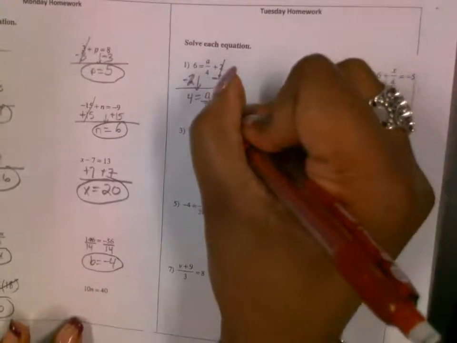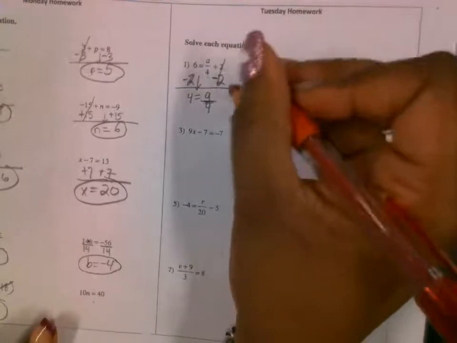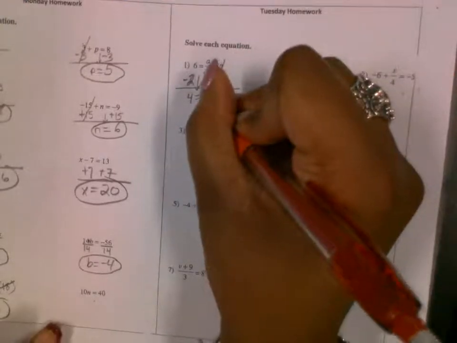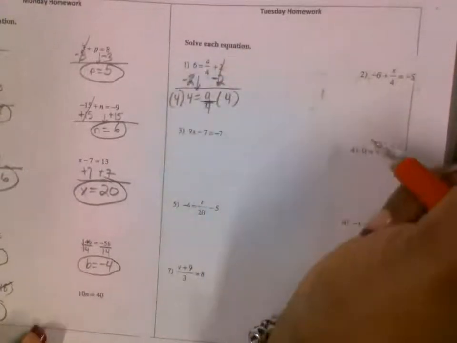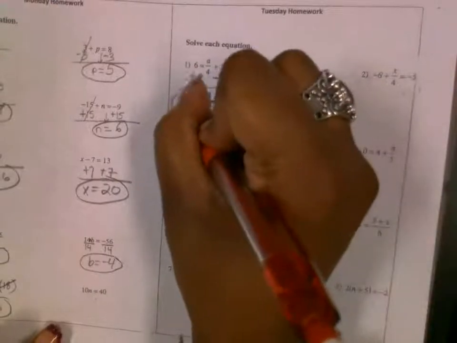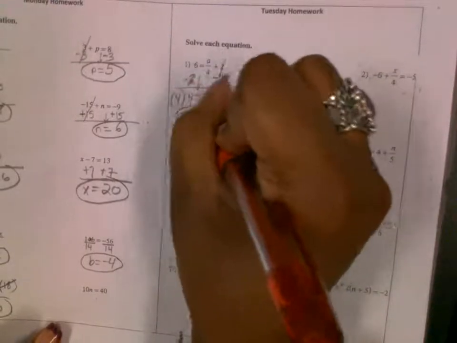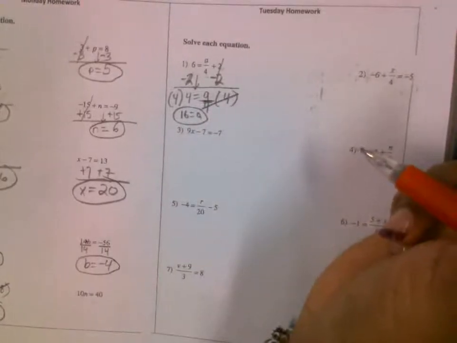Now you're getting rid of the 4 that's being divided. What's the opposite of division? Multiplication. So in order to get rid of the 4 that's being divided, you're going to multiply by 4 on both sides. What is 4 times 4? 16. So A is equal to 16. This cancels out and you're left with just A. Yes, baby. You have to wait.